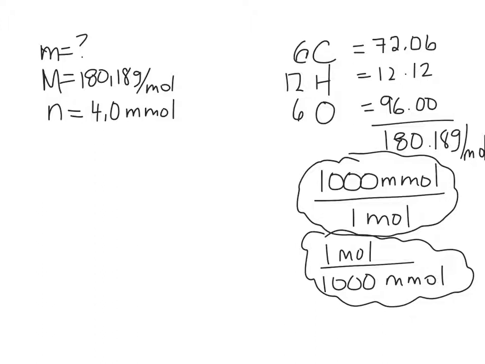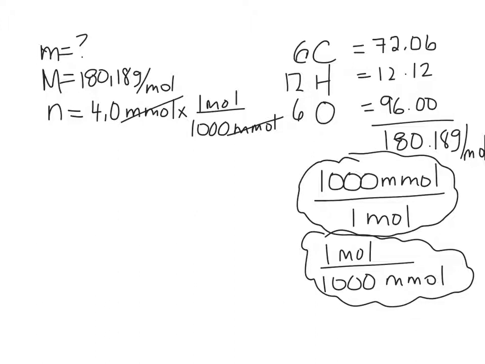Bottom one. So I'm going to use that ratio. I'm going to take my 4 millimoles and multiply by 1 mole over 1,000 millimoles. Now my millimoles cancel. I'm left with moles. So you take your 4.0, divide by 1,000.